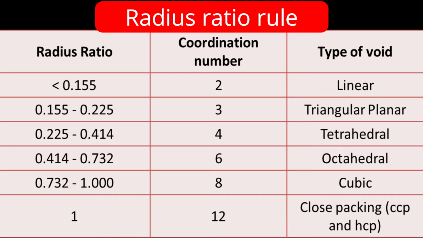Here what we will do, we will get the data for the size of cation and anion, meaning the radii of cation and anion, and we will find the ratio of them, where that ratio stands. Accordingly, we will get an idea about the void and about the coordination number.